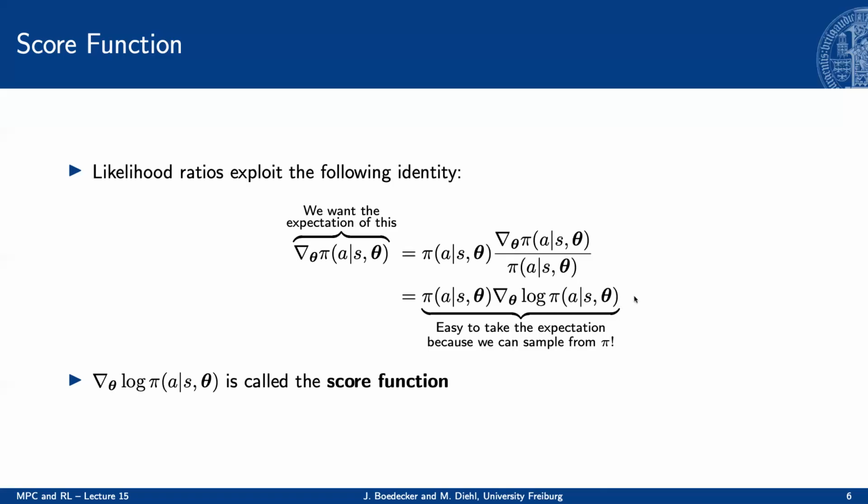Remember, the gradient of the log is just 1 divided by the argument of the log times the derivative of the argument of the log, basically. And so you can just replace this by saying, okay, this is the gradient of the log policy times the policy itself. And then we can take the expectation because we can just sample from theta.